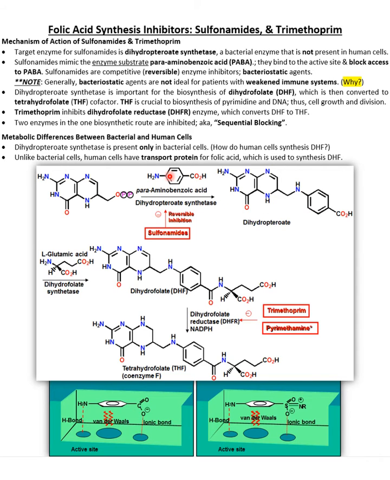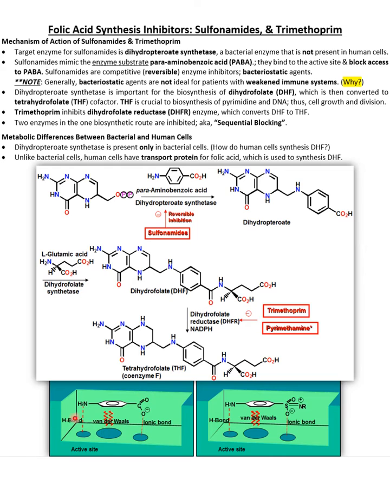So the sulfonamides mimic para-aminobenzoic acid, also known as PABA, and they bind to the enzyme. They block the enzyme from binding to its substrate, and thus prevent the enzyme from converting this molecule into the other molecule.